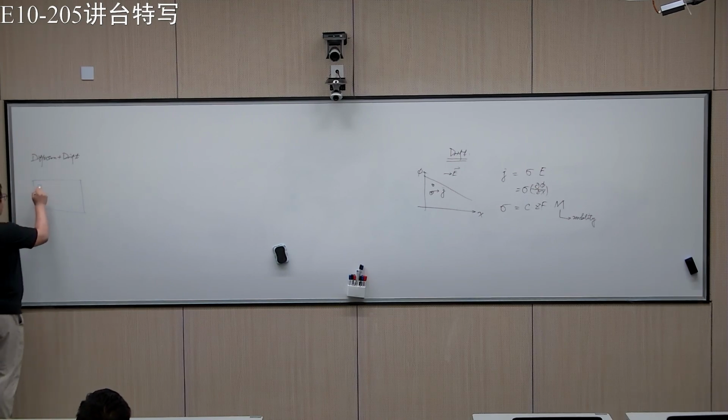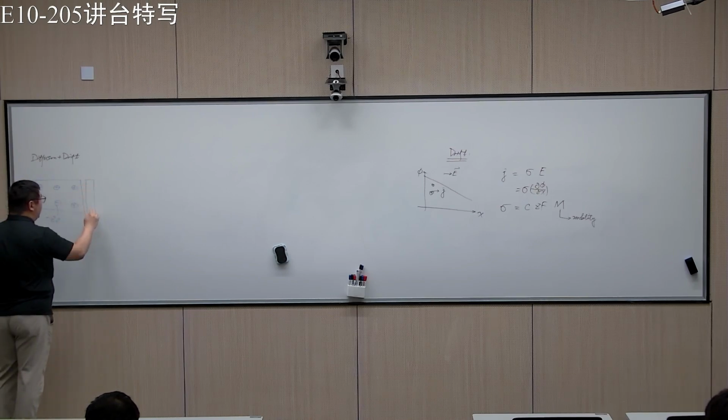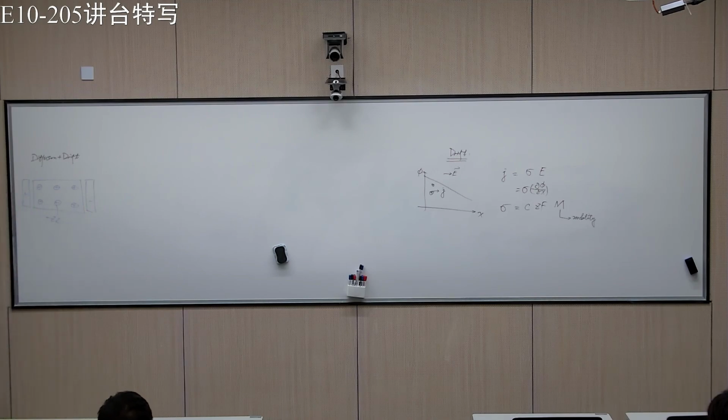Let's say I have some cations with the charge of Ze, positive Ze, here in the sample, in the crystal, and I have two electrodes attached to it. I have a positive electrode here and a negative electrode here, right?